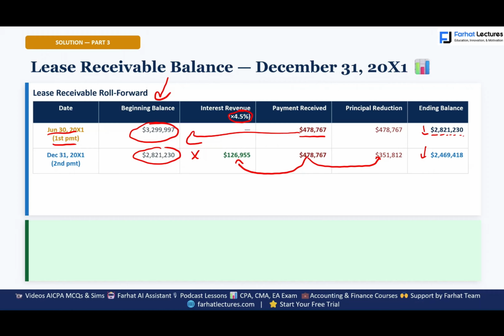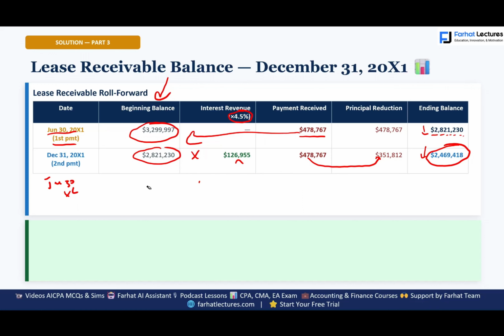Again, we're going to have to make another payment June 30th, X2. We'll take this balance times 4.5%, and that will be the interest revenue, and the 478 will be split between the interest revenue and the remainder, which will be the principal.